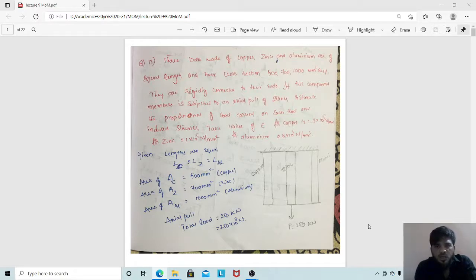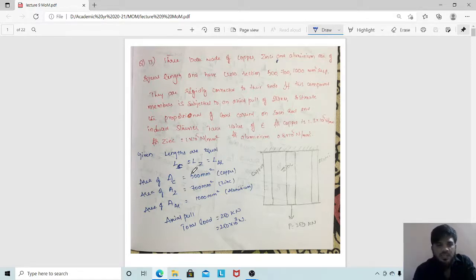If this compound member is subjected to an axial pull of 250 kilonewtons, estimate the proportion of load carried by each material. So they are asking how much load each material is going to carry. And they have given the values of E for copper, zinc and aluminum.